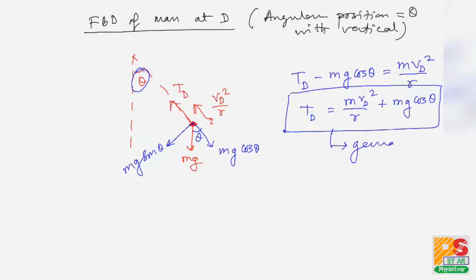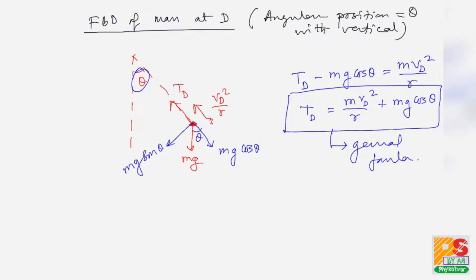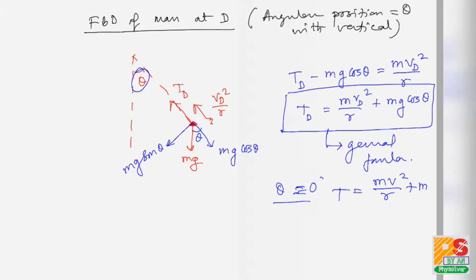Why general? Because see in this diagram, at position A, the angular position will be 0 degree. So if I put theta equals 0 degree here, I will get a similar formula of tension at A. So then tension will be mv square by r plus mg cos 0, which is mg.